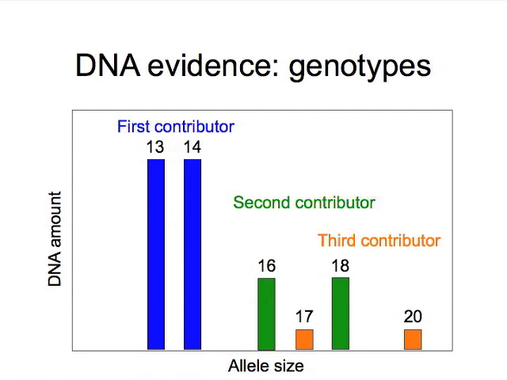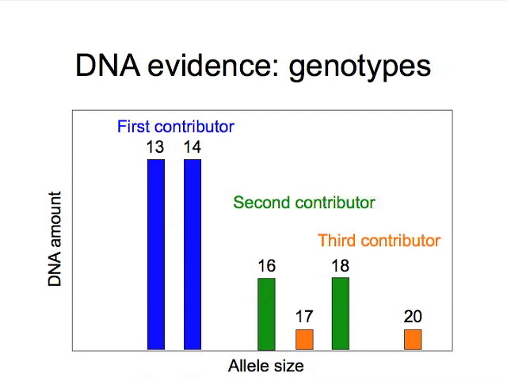So there's all these items of evidence at these multiple scenes, and as they're looking at the DNA, this is the DNA from one item, and this isn't data, this is what's actually in the DNA. So this is what genotypes look like if you draw a picture of them, where the x-axis is the size, the allele, 13, 14, 15, 16, 17, and so on, the number of repeats. The y-axis is the relative quantity. So what's actually in this evidence might be shown in blue, a first contributor who's the major contributor with a genotype of 13, 14.